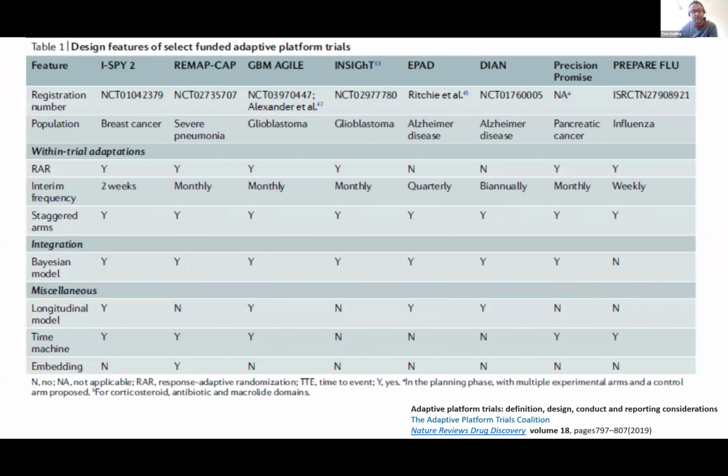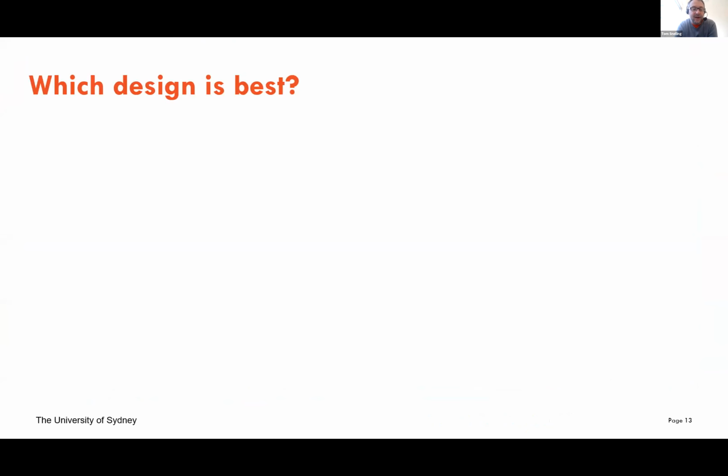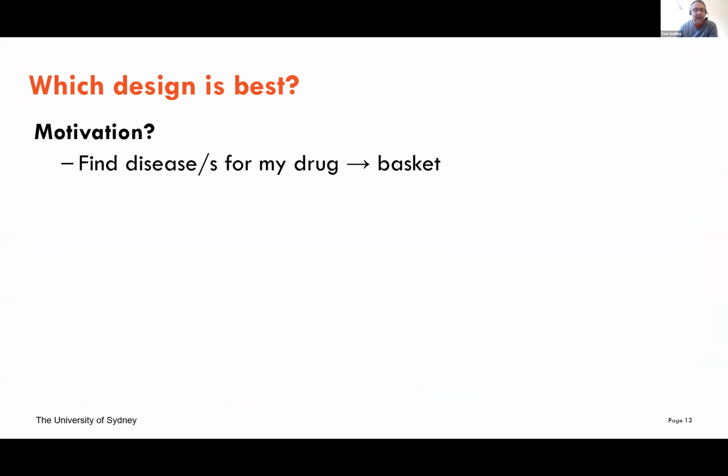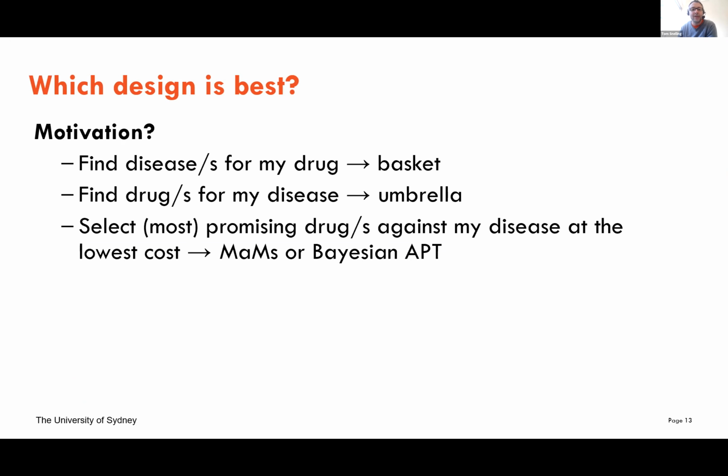I might just skip forward to this slide, which is just a summary of which design is best. If you've got a drug and you want to find a disease or a target for your specific drug, then that lends itself to a basket design. If you've got a disease and you want to find a drug for a specific disease, then that lends itself to the umbrella design.